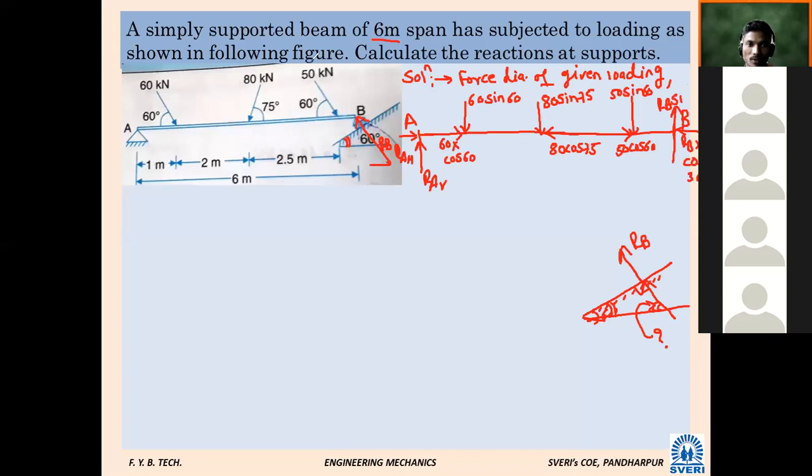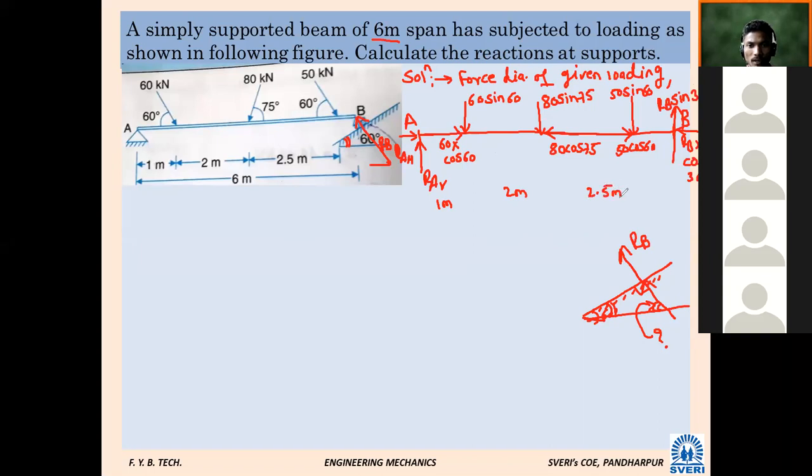So for our information, let it be in the figure how I have calculated: RB sin 30. Forces are known to us. First distance is 1 meter. Second is 2 meter. Then 2.5 meter.